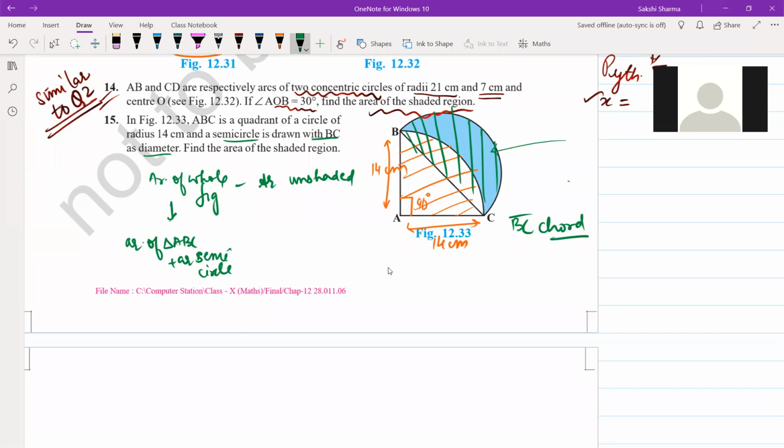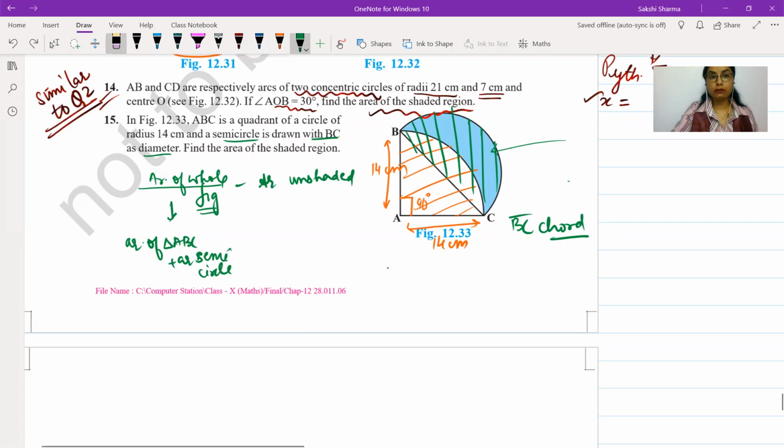Why am I not taking a quadrant? If I take the quadrant, you will see that there is an overlapped portion. There is some portion of the quadrant which is common with the area of the semicircle. So I'm not using the quadrant and semicircle. I'm using the triangle and semicircle.